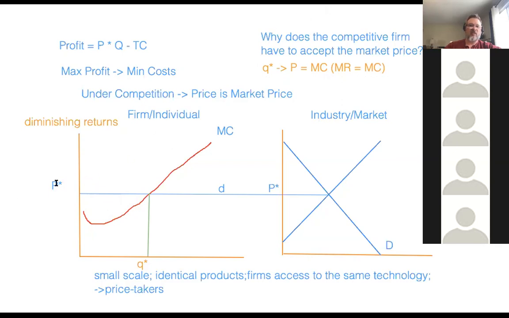So I'll try to emphasize this here if I can. And so marginal revenue is equal to price for the competitive firm. Marginal revenue won't be equal to price for the monopolists and in other cases.